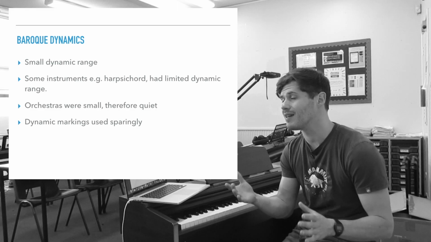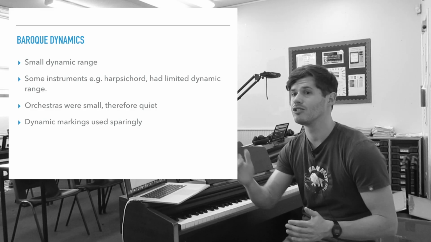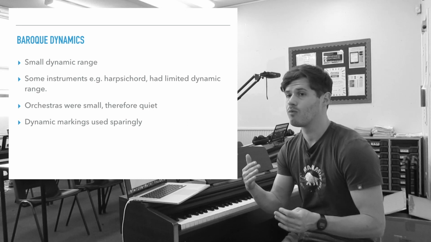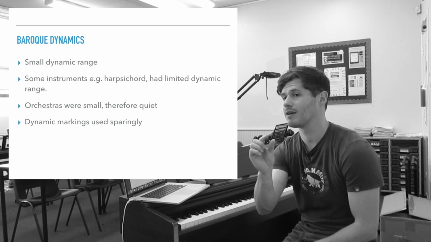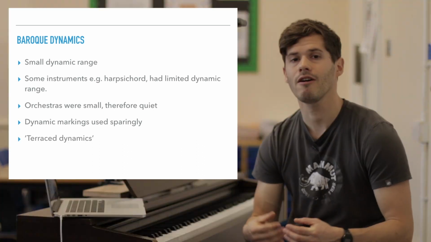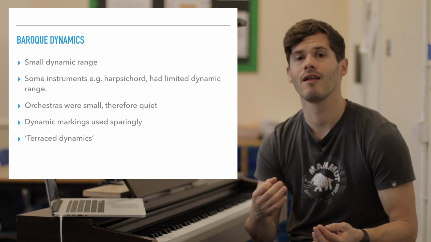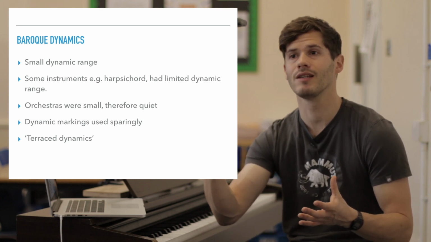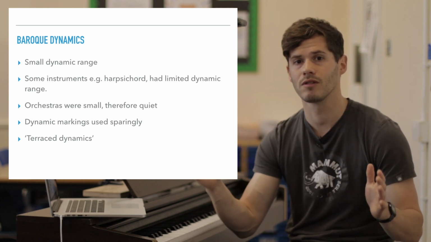Now, that does not mean that there isn't a range of dynamics used. And what they'll use, instead of a dynamic marking, is what's called terraced dynamics. Terraced dynamics is where the volume of the music is related to how many instruments are playing.